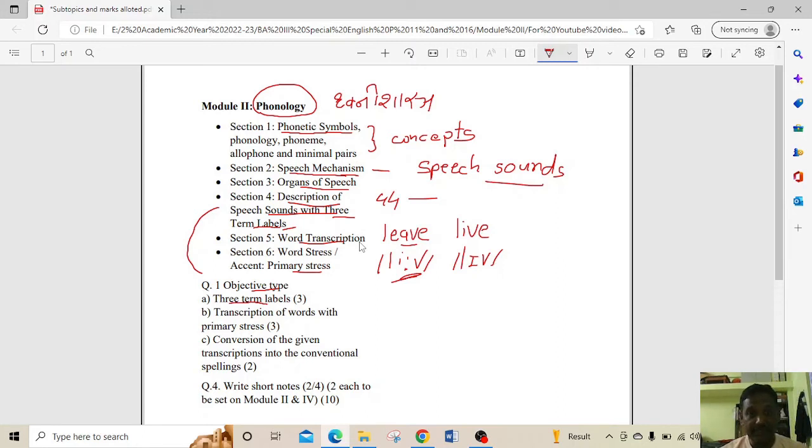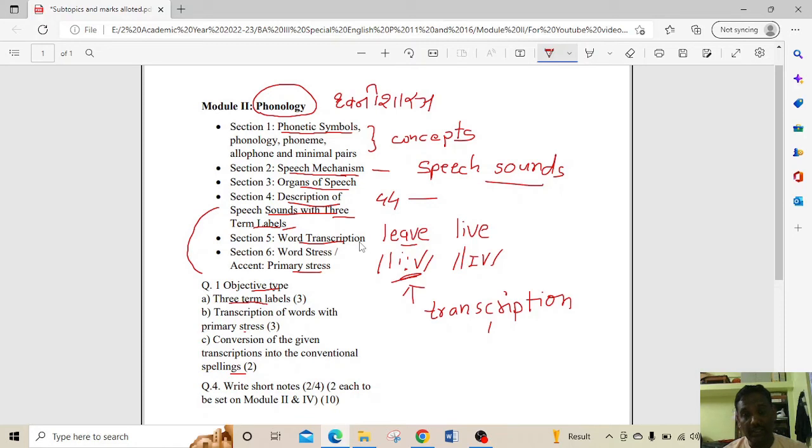Then you have transcription of words with primary stress, which is based on the sections word transcription and word stress. Then you have conversion of the given transcription into a conventional spelling, that is reverse. The transcription will be given and based on this transcription you have to write the proper word.